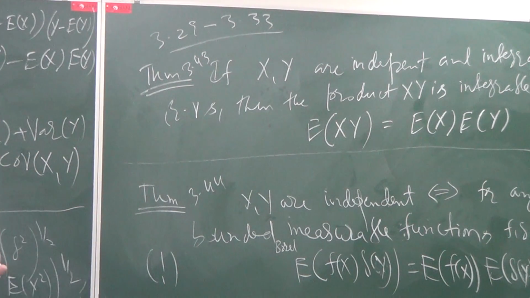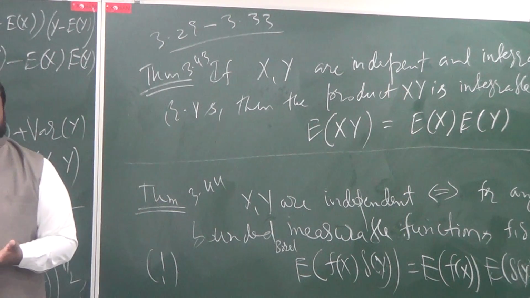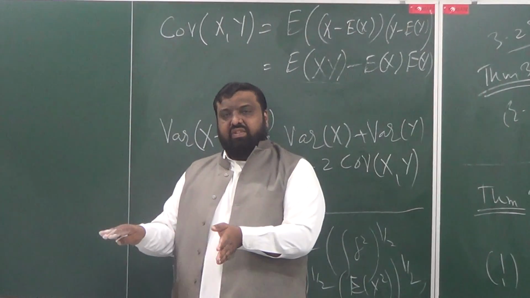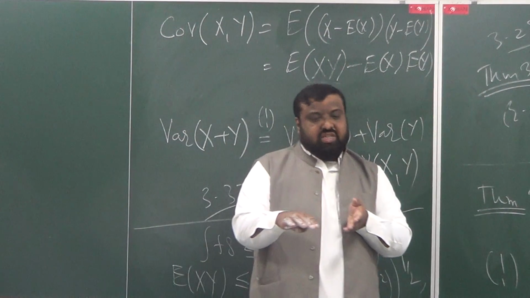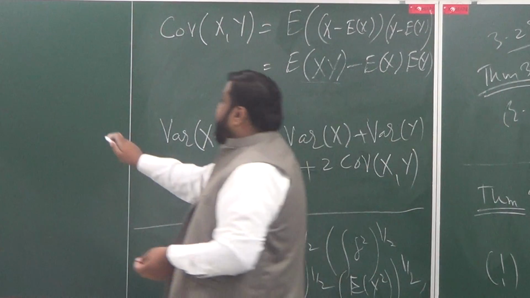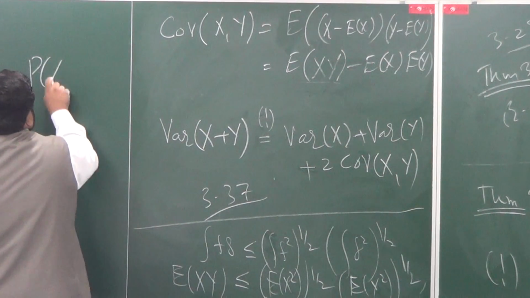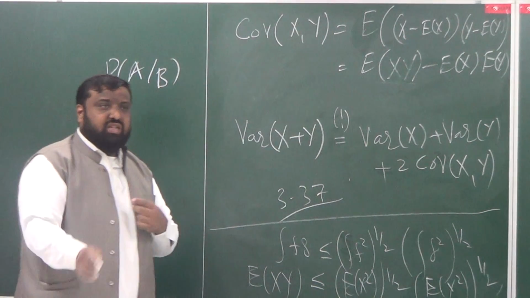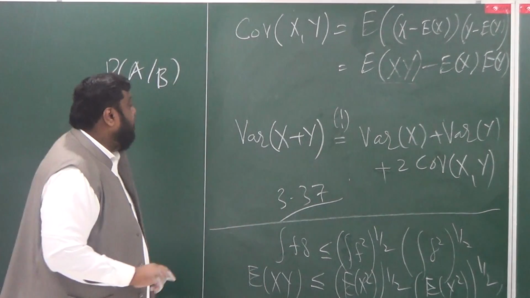So our next lecture will be mainly on describing the different versions of conditional expectation. We'll start with a very basic question: how to condition. We know how to condition one event with respect to another event, and I'm not getting into that.